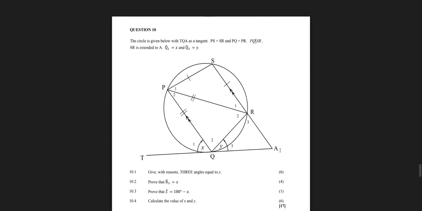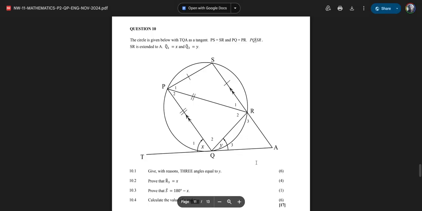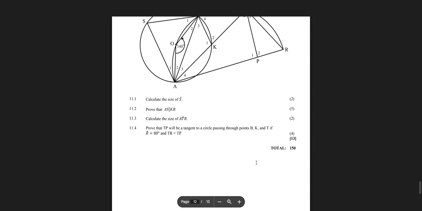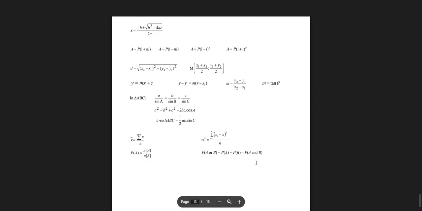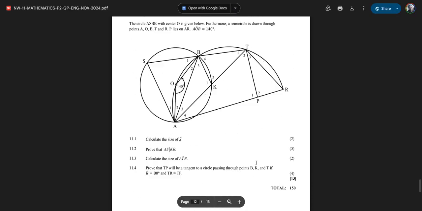And then there's going to be an aspect where you have to apply your theorems to solve for angles. And yeah, that will be the Euclidean geometry aspect. And that should conclude what is important for paper 2.